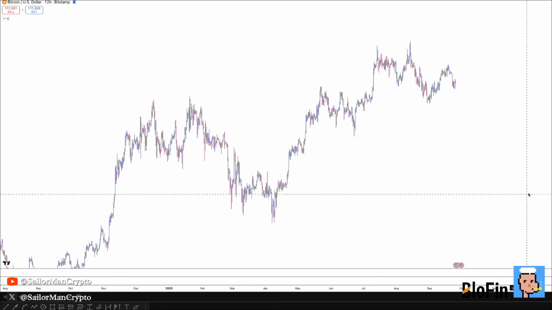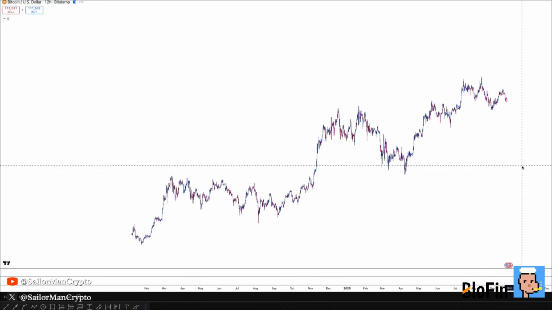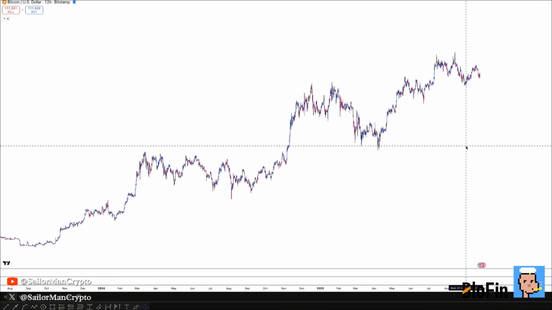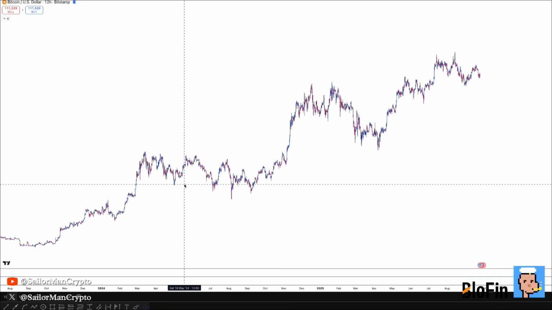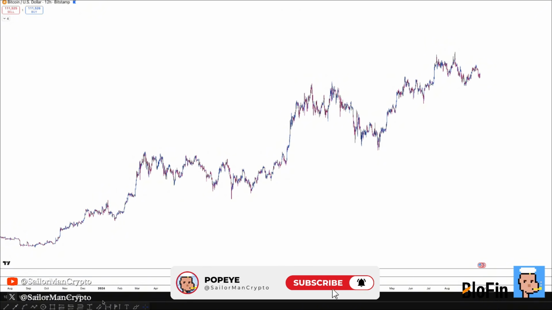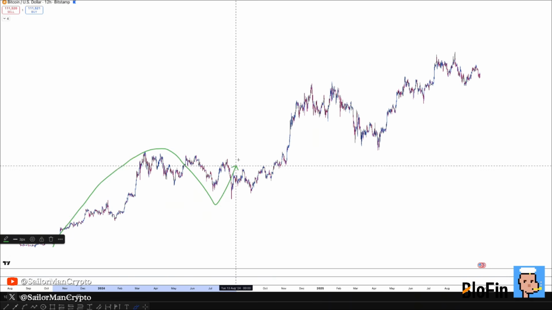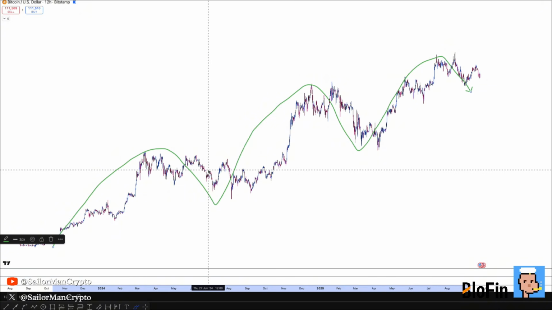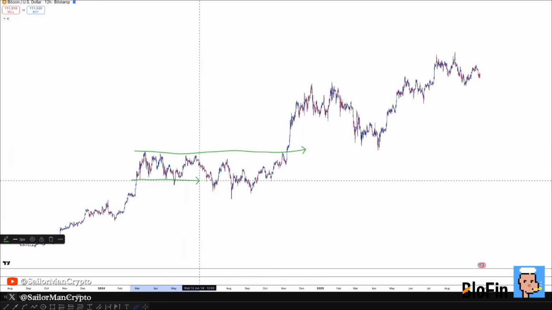To keep it simple and not too practical, this is the Bitcoin 12-hour chart. A system that allows you to understand the context allows you to objectively define the difference between, for example, a trend, which is what we have here in this high time frame, that is clearly an uptrend, and a range, for example.